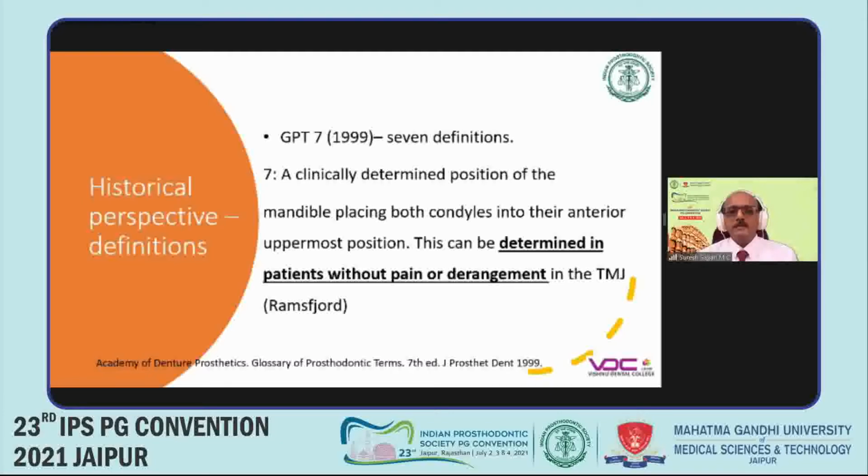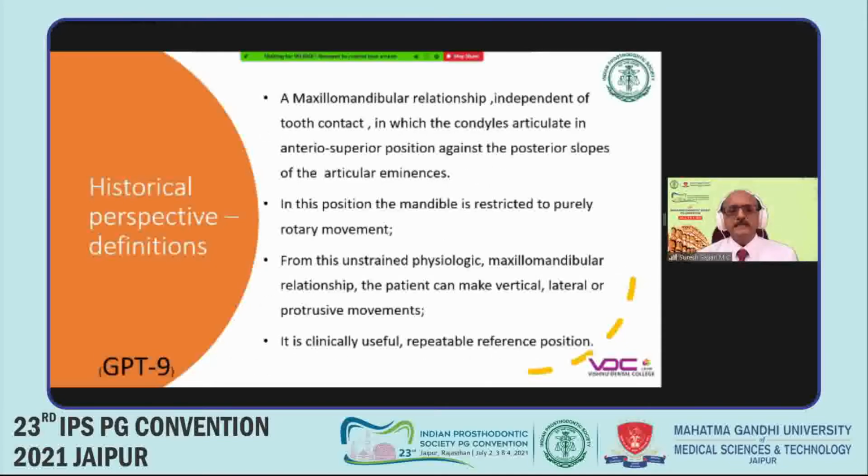And here they said it should be determined in patients without any pain or derangement. And they also said if there is pain and derangement, the centric relation may not be recorded very well. So finally, this is the latest definition. Now again the disc is out.